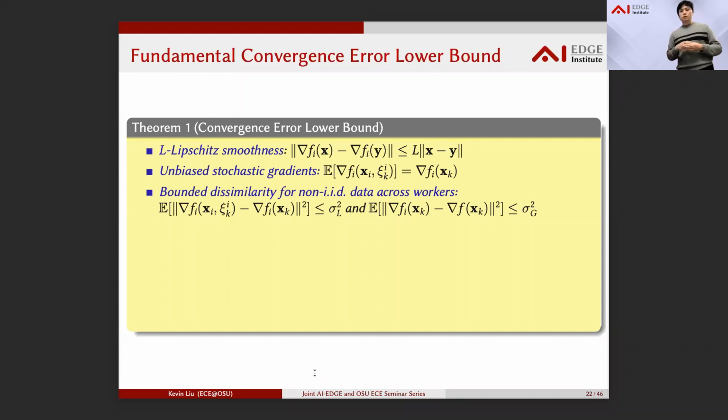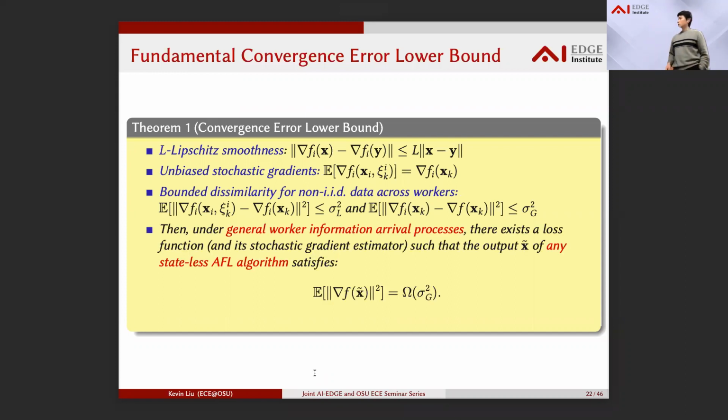This is basically saying how good any AFL algorithm can perform. Essentially, you see this big theorem here. Under some very common assumptions, like the L-Lipschitz smoothness condition, the unbiased stochastic gradient condition, and bounded dissimilarity for non-IID data across workers, all of these can be reasonably assumed to be true in FL.